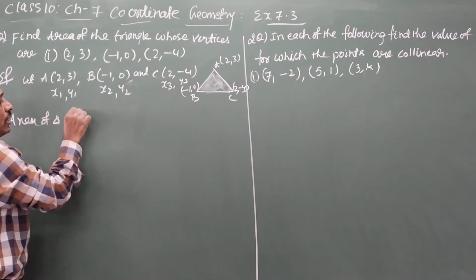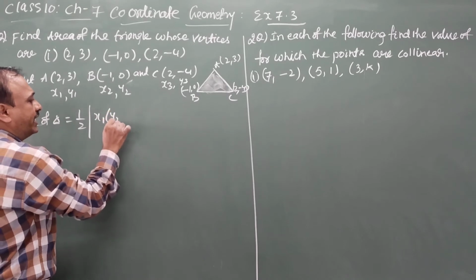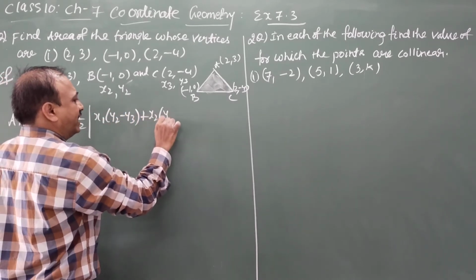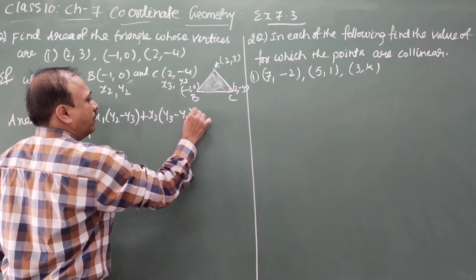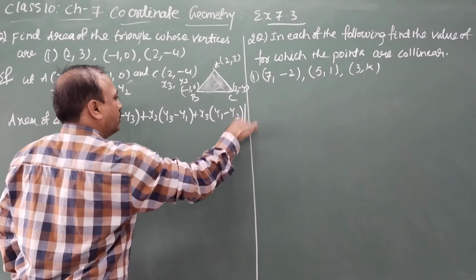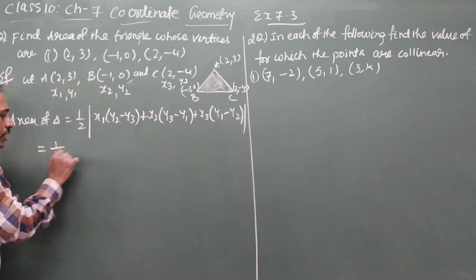the triangle is equal to half modulus of delta, which is modulus of x1 into (y2 minus y3) plus x2 into (y3 minus y1) plus x3 into (y1 minus y2), bracket ends, that is the modulus.